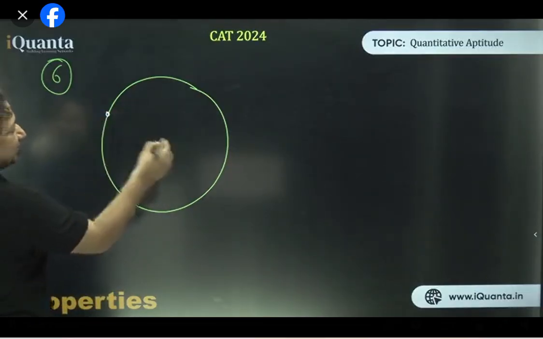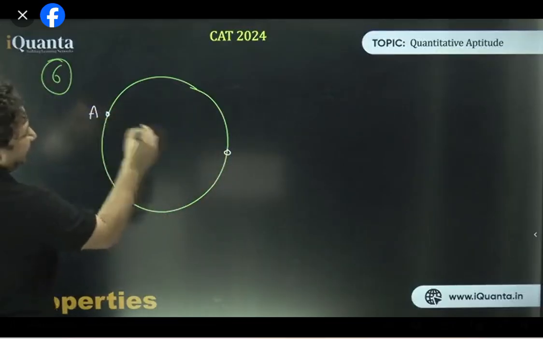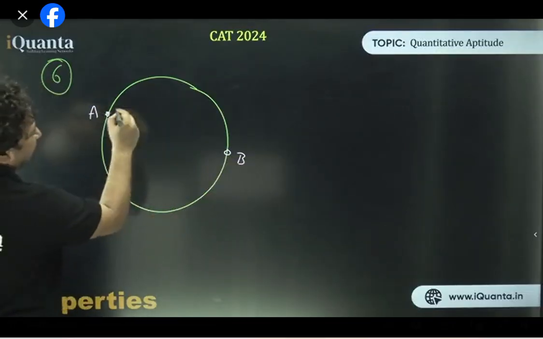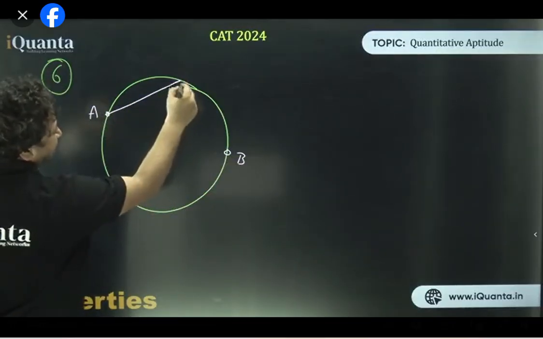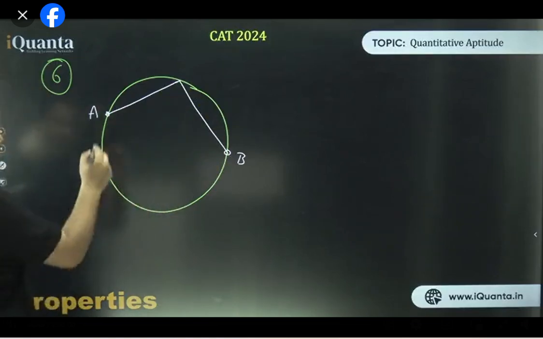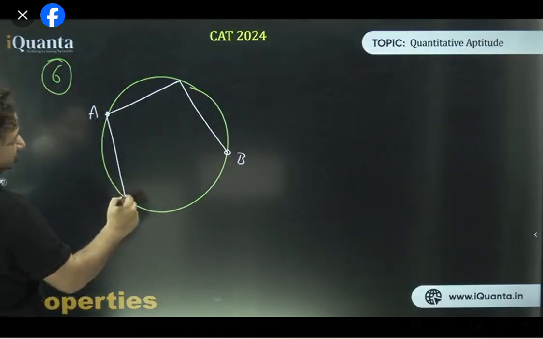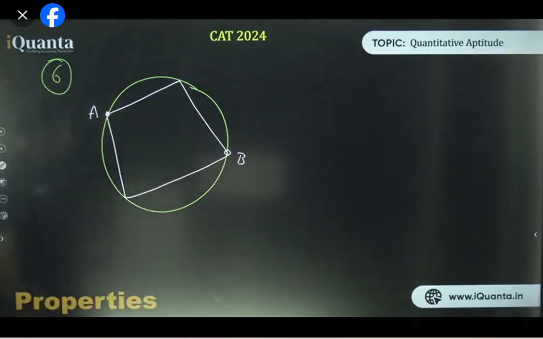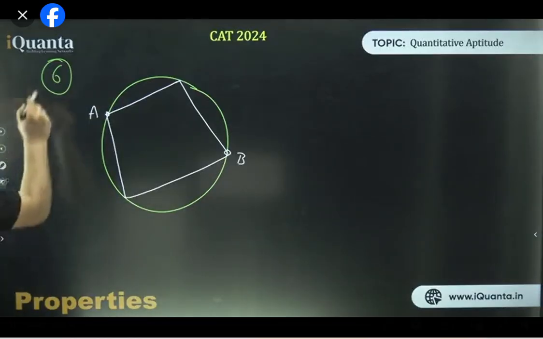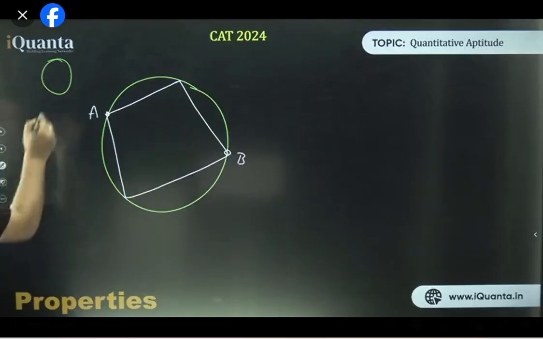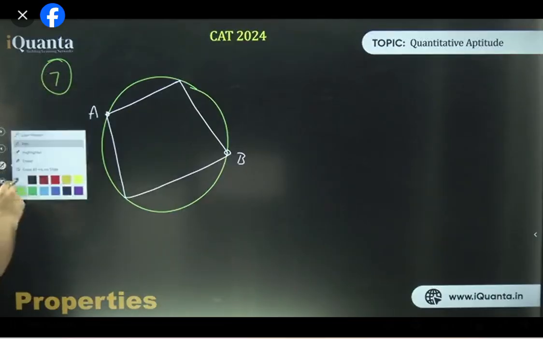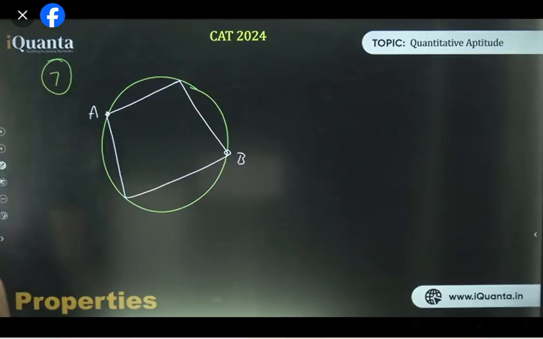So if I pick these two arcs AB, minor arc, okay, I'm putting it like this. Great. And major arc will be this one. All right. Property 7th, yeah, right. Okay.